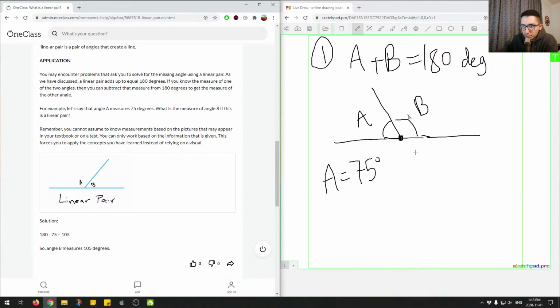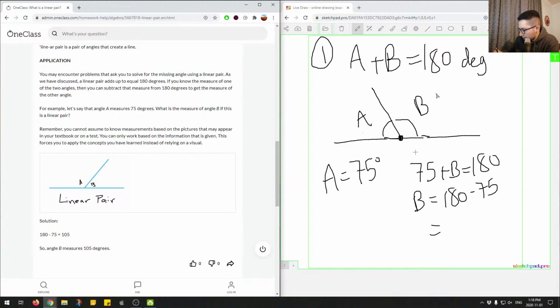What is angle B? So you would use the linear pair equation above to figure out what angle B is. So you'd end up with 75 for A plus B. We just subbed in 75 for A. This is equal to 180. And then B would equal 180 minus 75. So we just subtracted 75 on both sides of the equation.